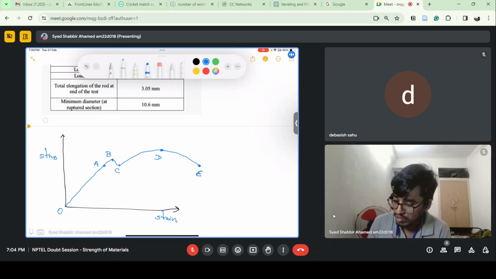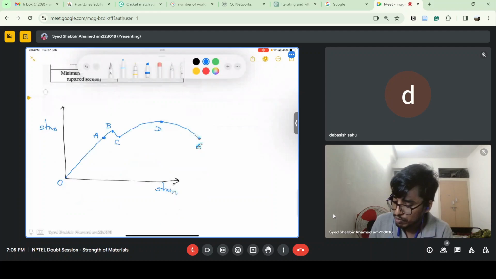So point A is the point up to which this strain and stress relationship is linear.